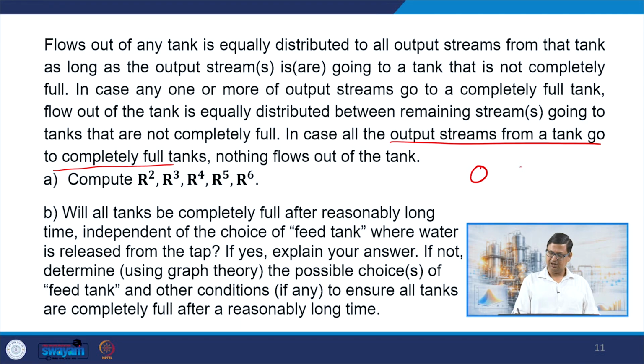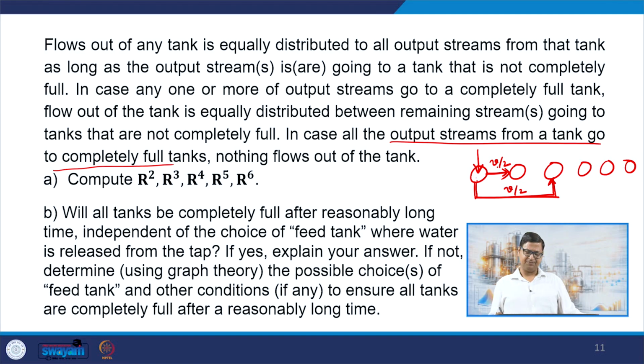Essentially, let us say you have 6 tanks like this, and let us say you start filling this tank. What I am saying essentially is whatever this tank is connected to, let us say this one and this one, then the flow can go from here to there and here to there. So let us say some flow V comes here, so V by 2 goes here, V by 2 goes here in a typical setting, right?